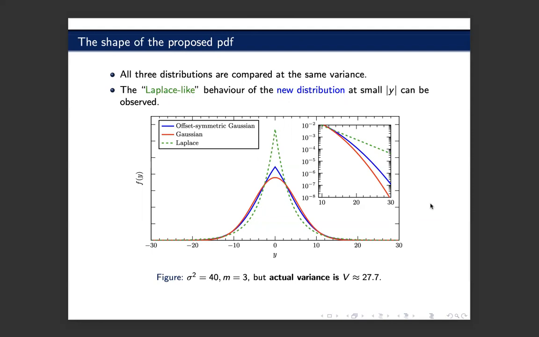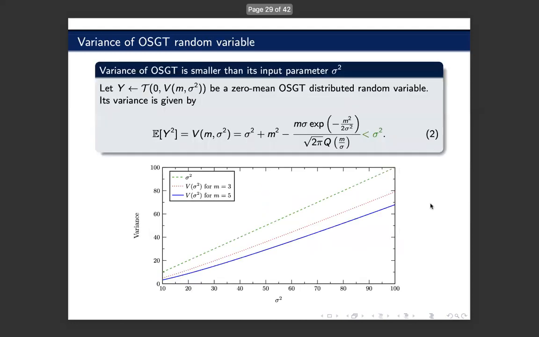This is a logarithmic scale in the vertical, so Laplace is linear in the logarithmic scale, whereas these two decay nonlinearly. So it is of course sitting in between. We are paying a little bit in terms of the tail. The tail is heavier, but it still decays nicely.